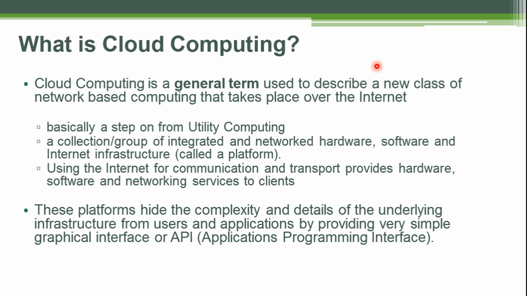Okay, so it's basically a step on from utility computing. Utility computing is the same as what we used to have, our traditional servers and all. So it's just an advanced version of that, a group of integrated network hardware, software, internet infrastructure, and platform.